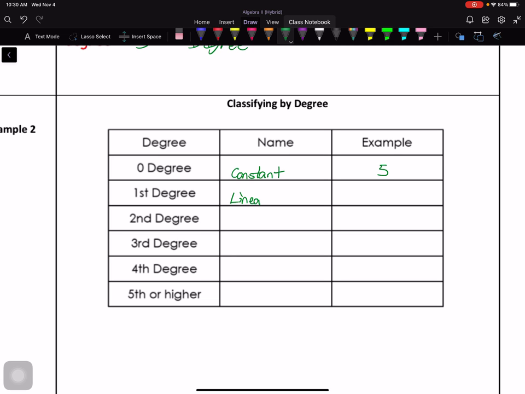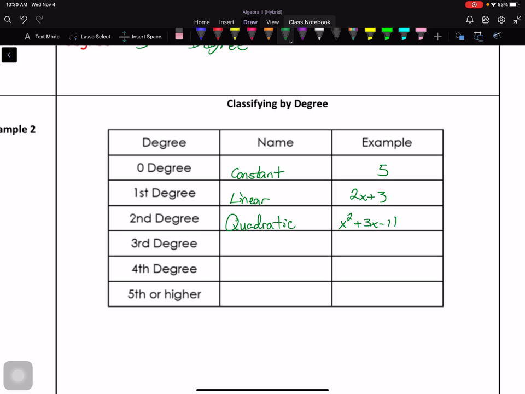You spent a lot of time in Algebra 1, in fact, the whole semester in Algebra 1 dealing with linear polynomials, so something like 2x plus 3, linear, because your highest exponent is 1. Second degree, these are called quadratics, or a quadratic. These are the ones that we factor. We spent all second semester in Algebra 1 talking about. So something like x squared plus 3x minus 11.